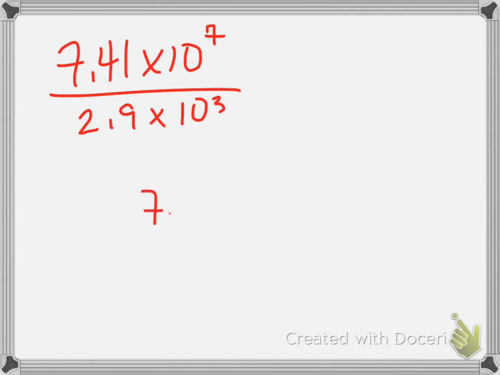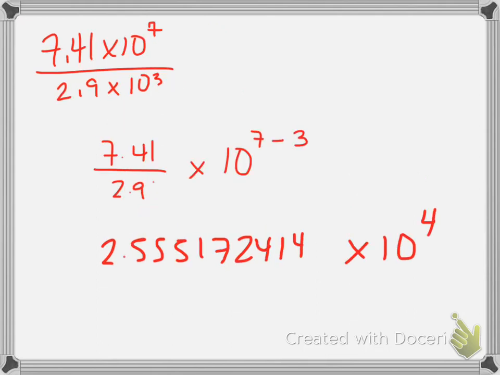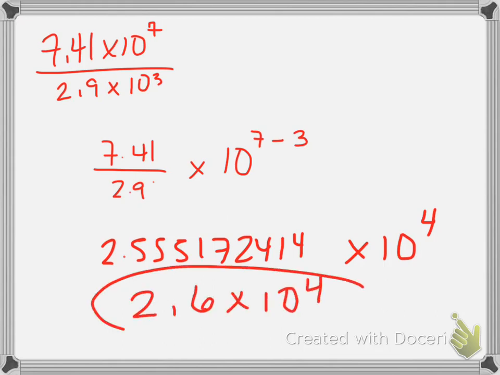So all we have to do is break out that front part, 7.41 divided by 2.9, and then the whole mess is times 10 to the 7 minus 3. Times 10 to the 4th? That's the raw number I get. It's always good to show your raw number. In fact, I would only keep this as 2.6 times 10 to the 4th, but you don't know why yet. We haven't talked about sig figs yet. Okay.